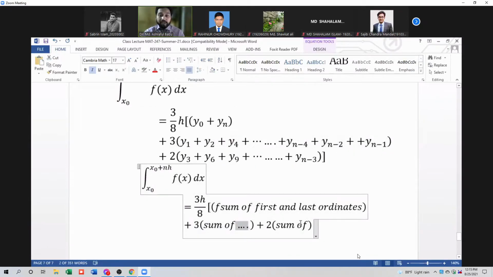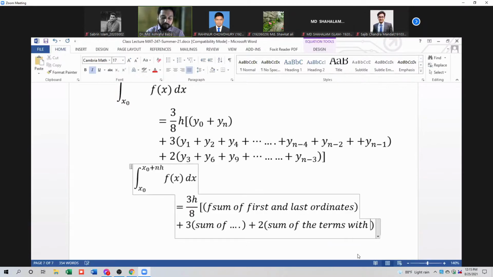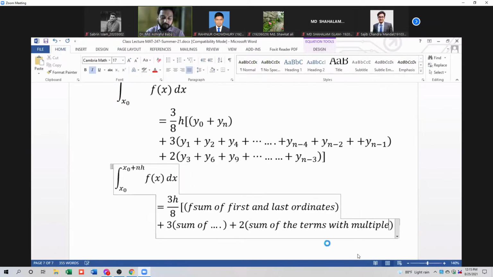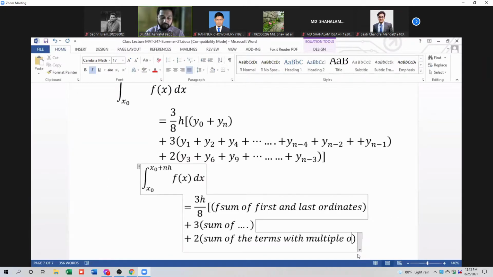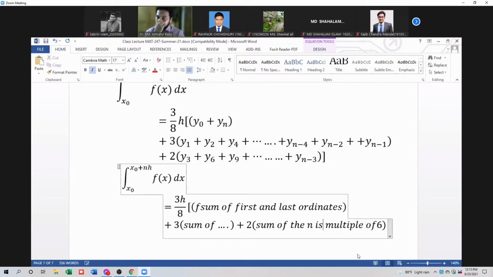So we can write sum of the terms where n is a multiple of 3.